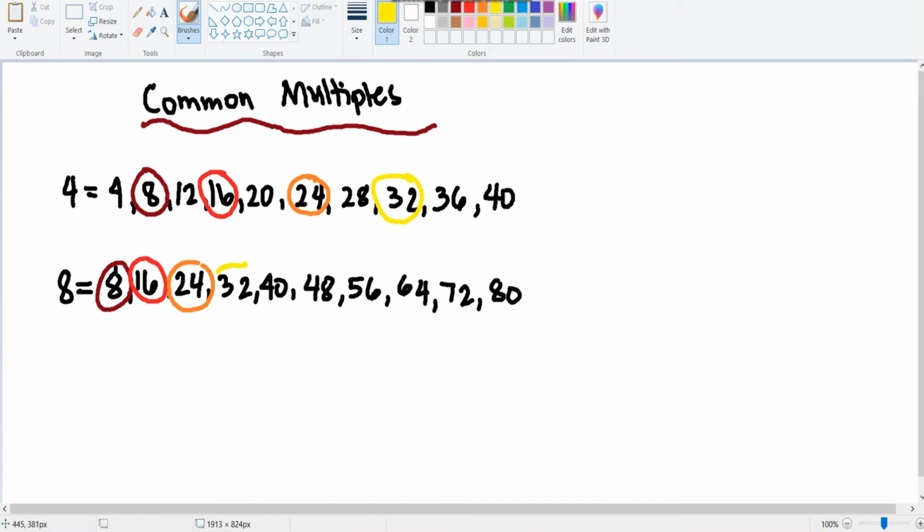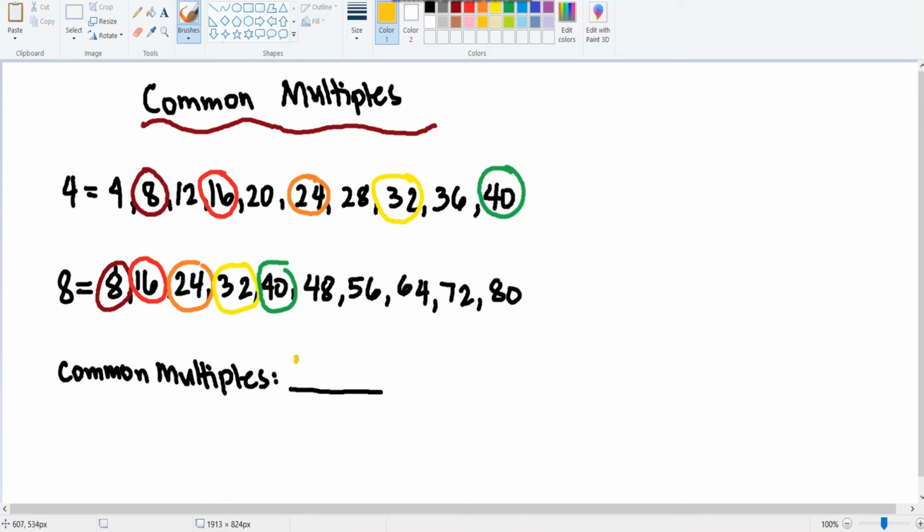And the last one, we have 40 and 40. So those are the common multiples of 4 and 8. Again, the common multiples of 4 and 8 are the following: 8, 16, 24, 32, and 40. That is how easy it is to find the common multiples.